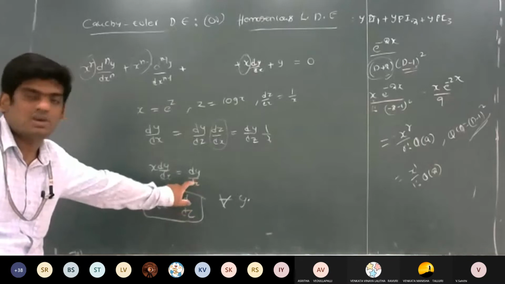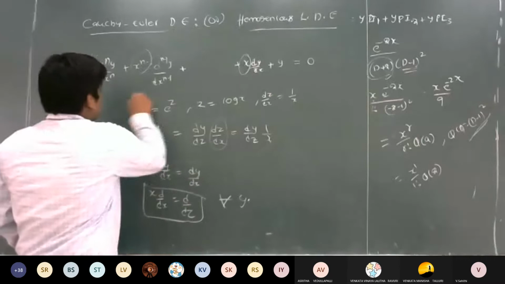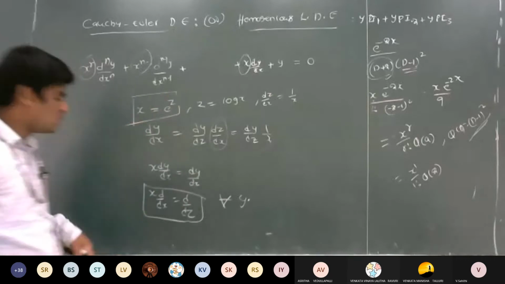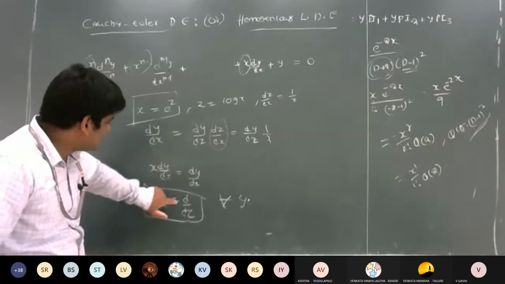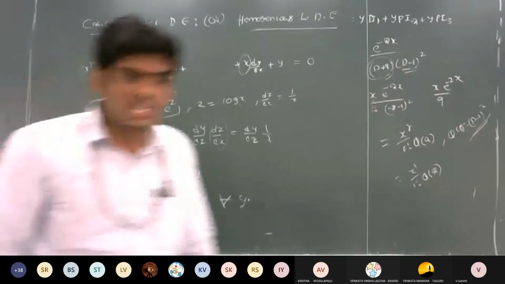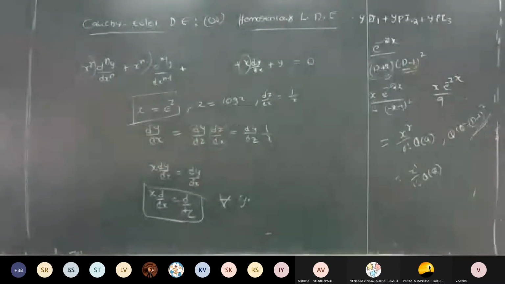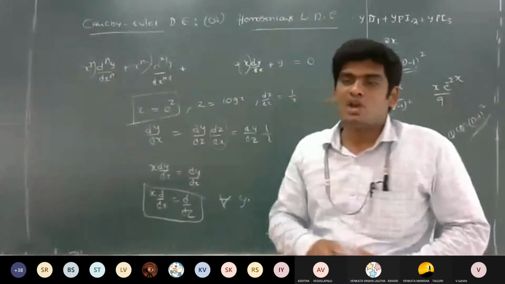We apply this by using the suitable transformation, x is equal to e power z. Therefore x into d by dx is equal to d by dz. Is it clear to everyone up to this? Yes, sir.